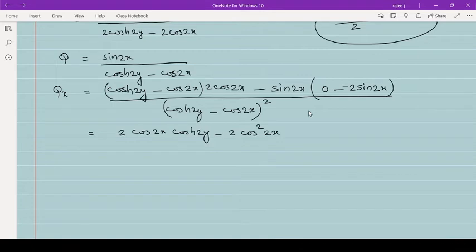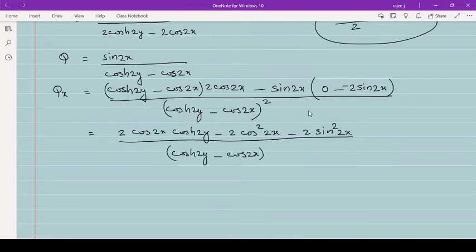Okay, now see here minus minus plus, this plus and this minus will become minus. So it is 2 sin² 2x divided by denominator (cosh 2y minus cos 2x) the whole square.